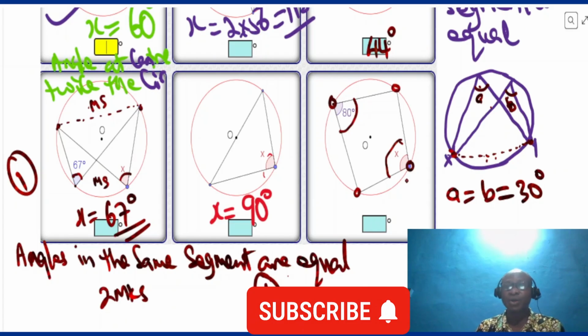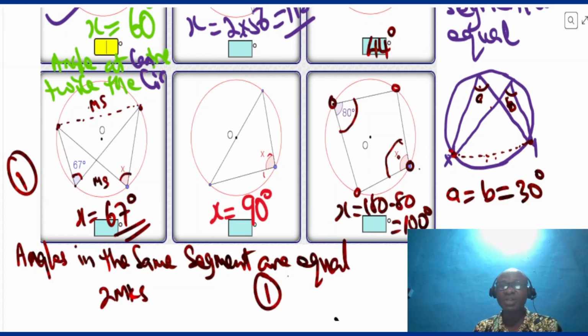The 4 angles are touching the circumference of the circle, and the shape inside is 4-sided, having 4 angles. The two that are opposite to each other must be 180. In conclusion, the value of x here must be 180 minus 80, which is 100 degrees. So the value of x is 100 degrees. Is it okay? Yes, sir.